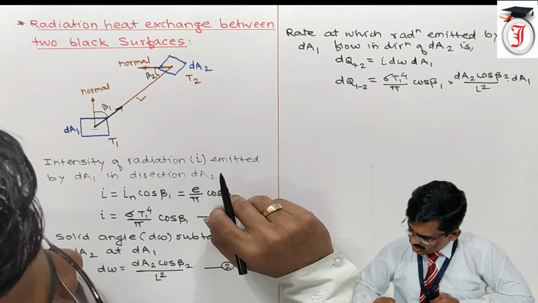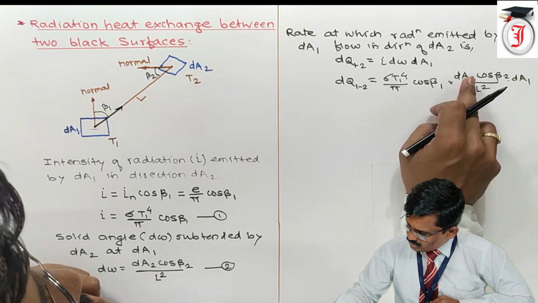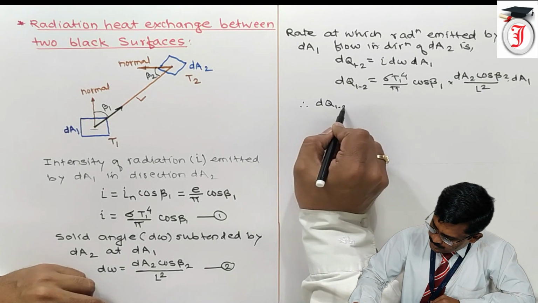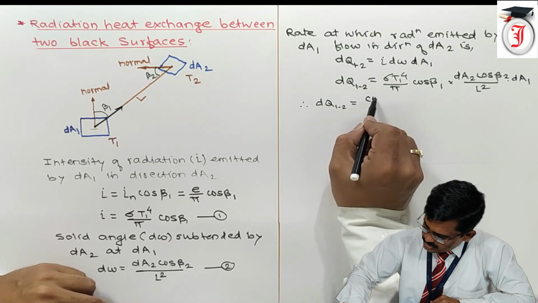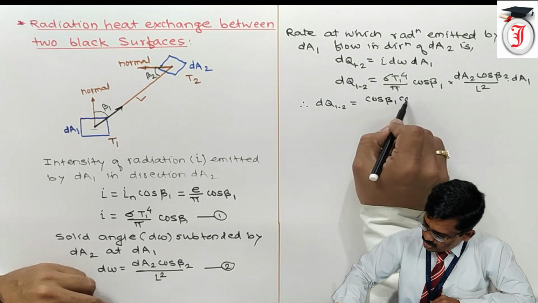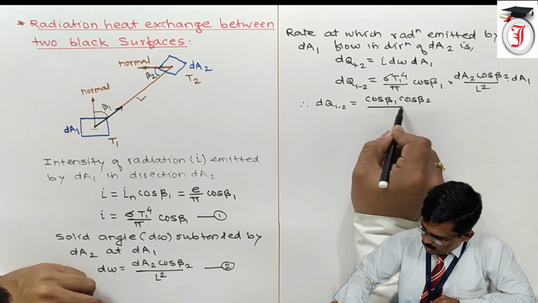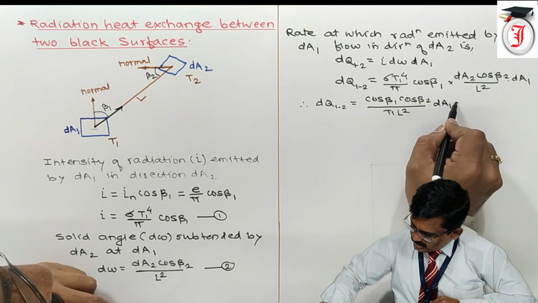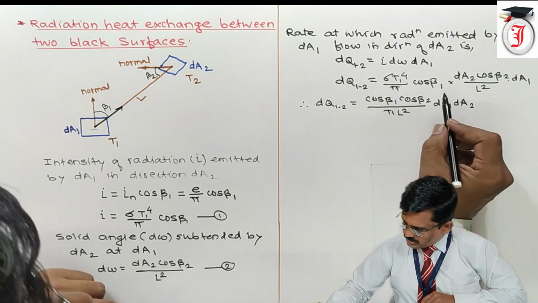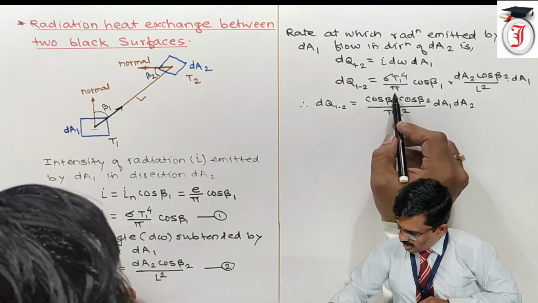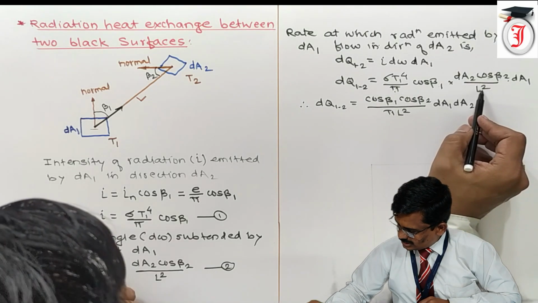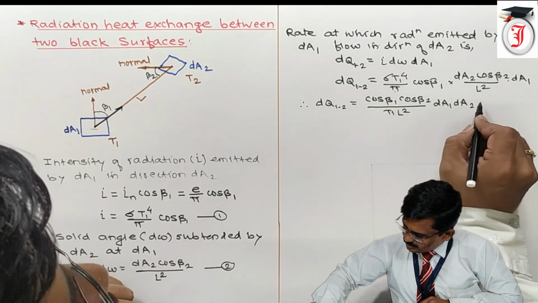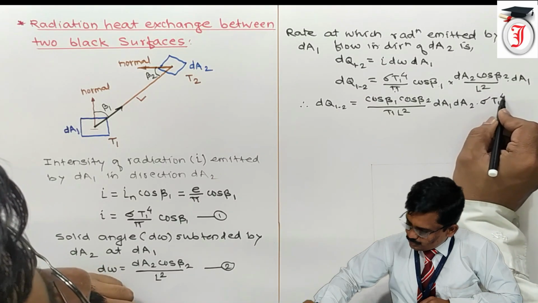So let us simplify this equation. We have cos beta 1 cos beta 2 dA1 dA2. Therefore dq1 to 2 is equal to cos beta 1 into cos beta 2 upon pi L square, dA1 dA2, into sigma T1 raised to 4.